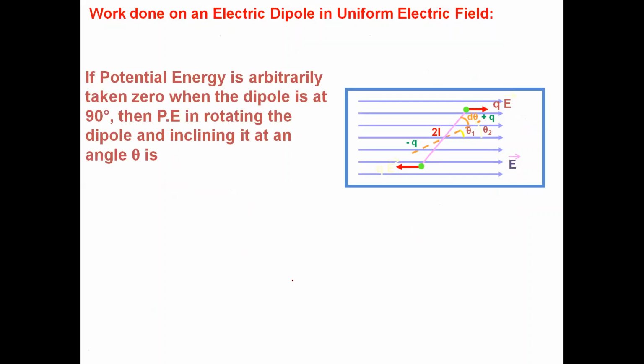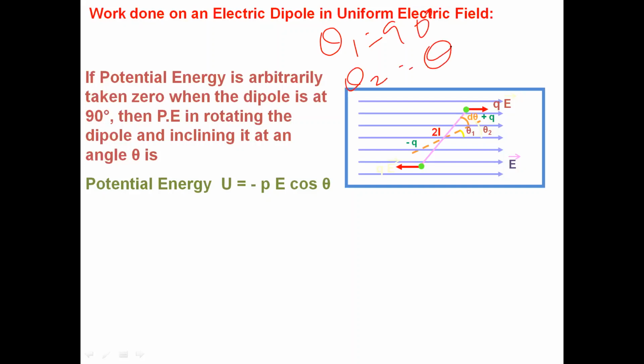Now, from the work done, we can find out the expression for potential energy. In order to find potential energy, we need to take the initial angle as 90 degree and the final angle as theta. So the equation for potential energy will become U is equal to minus PE cos theta, because we are taking theta 1 as 90 degree and theta 2 as another angle theta, right?